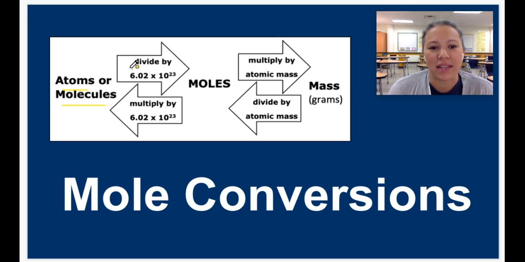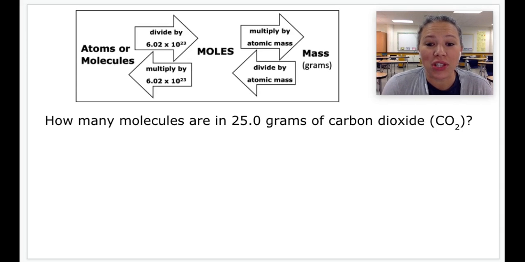The process is the same. So if you're given atoms or molecules, you're going to follow the top path. First, you're going to divide by Avogadro's number, and then you're going to multiply by the atomic mass. And we are going through moles to get there, but moles are just going to be a placeholder in these problems. This question says, how many molecules are in 25 grams of carbon dioxide?